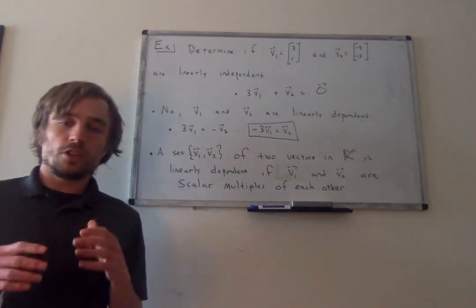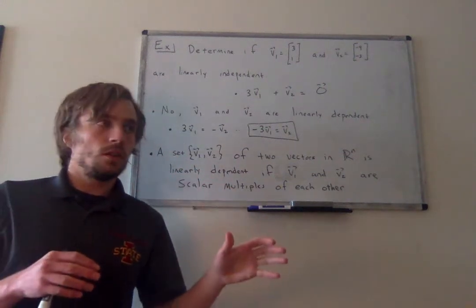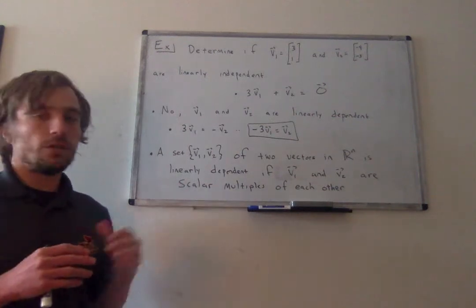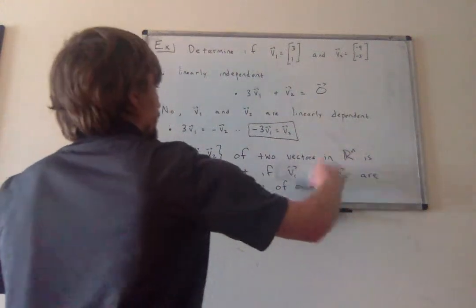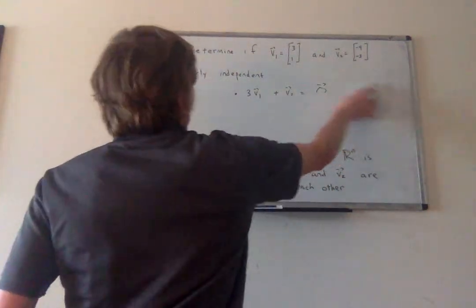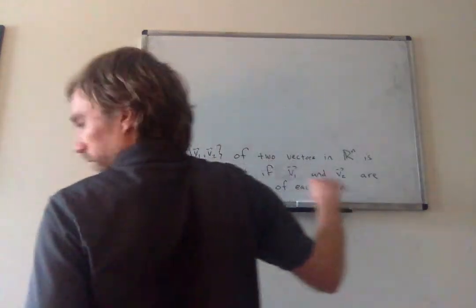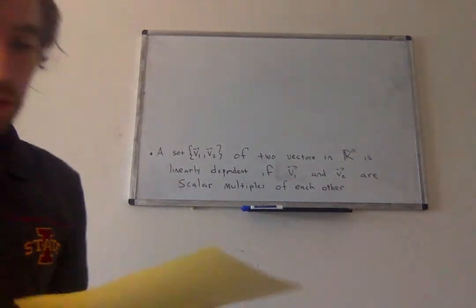So we have a nice generalization, which I talked about last video, for sets of more vectors. If we have more than two vectors, unfortunately, it's generally not as easy to eyeball in that way. So let me write this down.